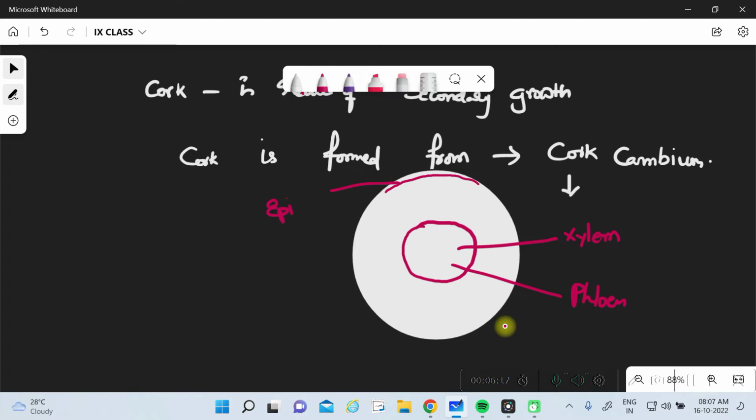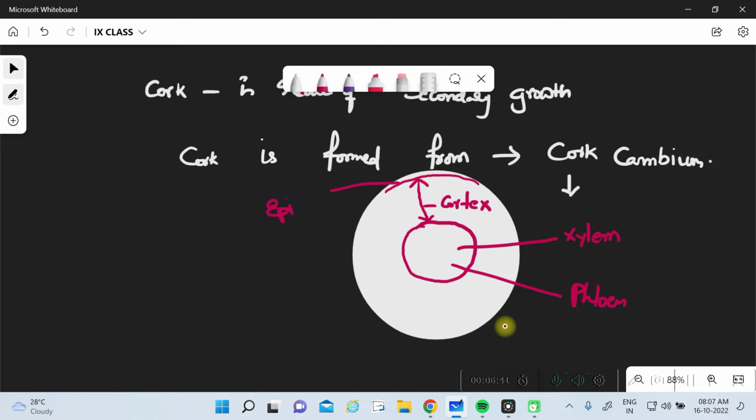Now, the region present in between the epidermis and the vascular tissue, vascular tissue meaning where xylem and phloem are present in the root and stem, this region is called cortex.